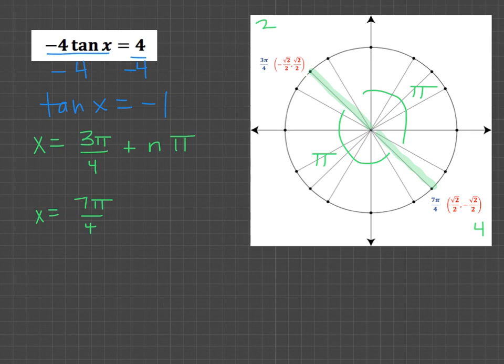So plus n pi, and that actually takes care of every angle measure that has tangent of -1. This has to do with the fact that the period of the tangent function is equal to pi, and the period of sine and cosine is 2 pi. So I just referenced back to the work that we did with graphs of trig functions last time, where we defined the period to be the length of the interval over which the pattern in the graph repeats.